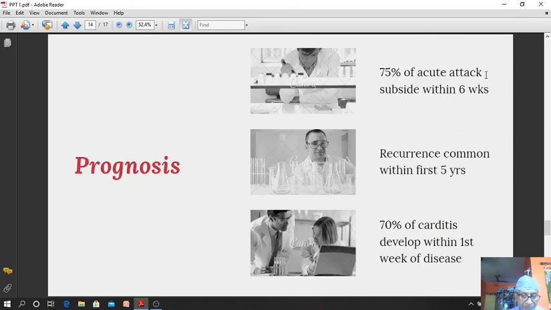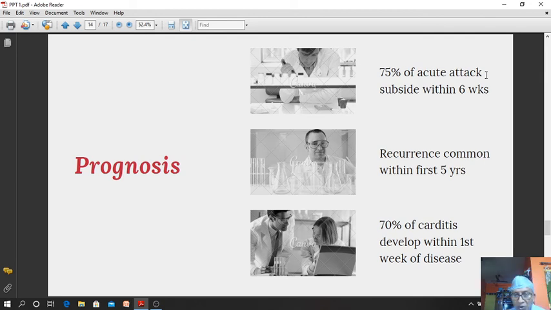Next, what about prognosis? We know that 75% of the acute attacks subside within 6 weeks. Recurrence is common within the first 5 years if it is not treated properly. 70% of the carditis develops within the first week of the disease.